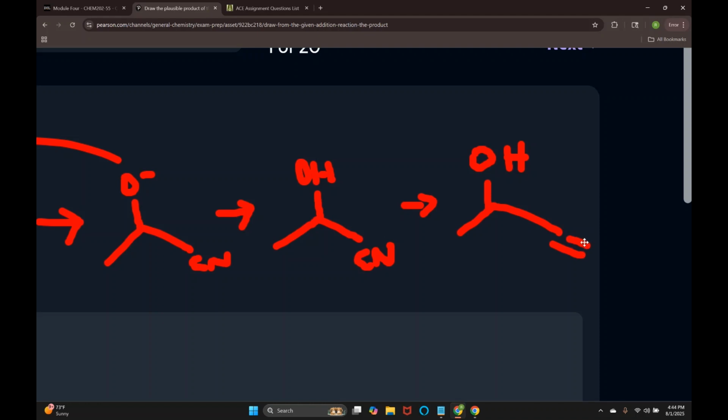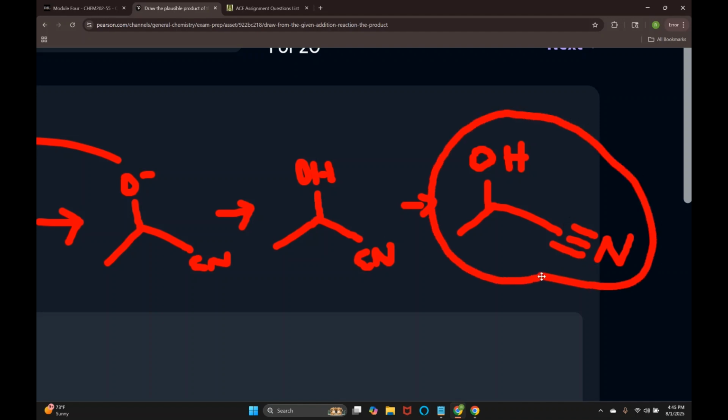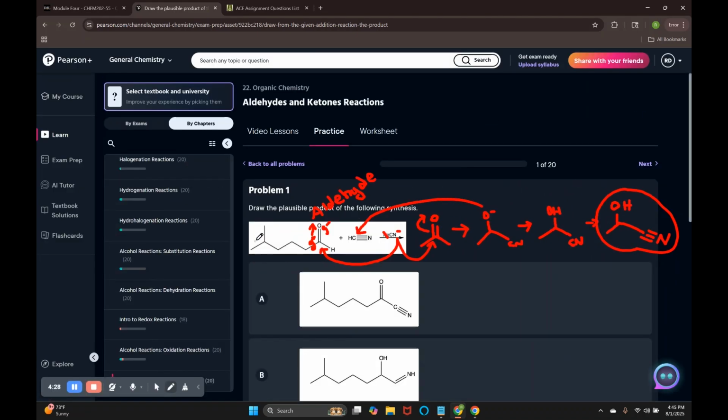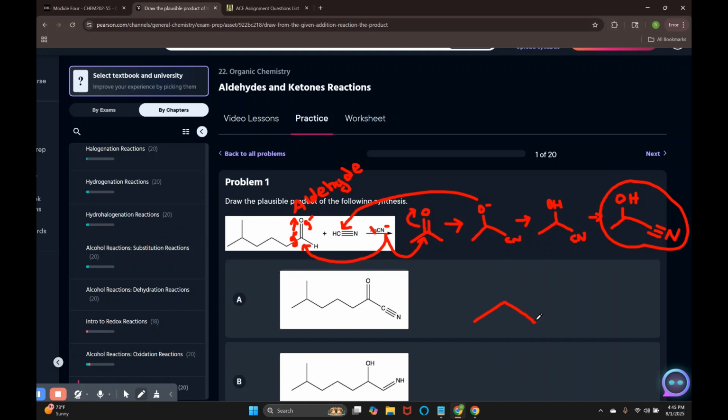It is a triple bond with that end. So this is the product that we are looking for, or at least this end of the molecule. So we're going to have a product that actually looks like this. So this right here is our product we're looking for. This is just the right side of the product.